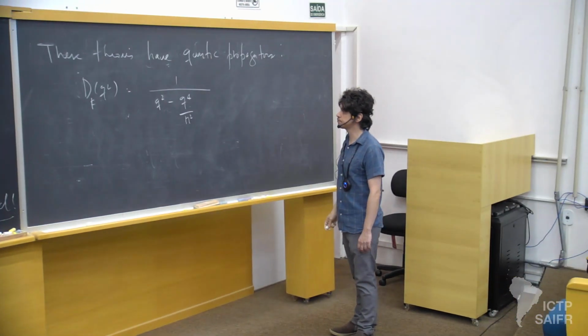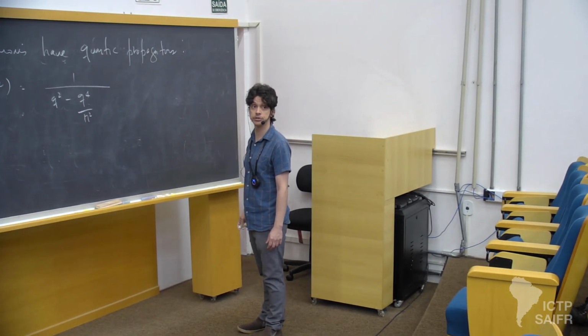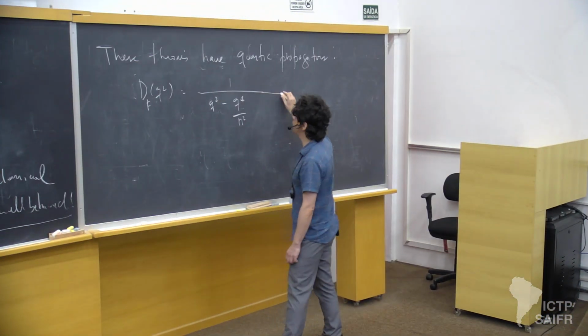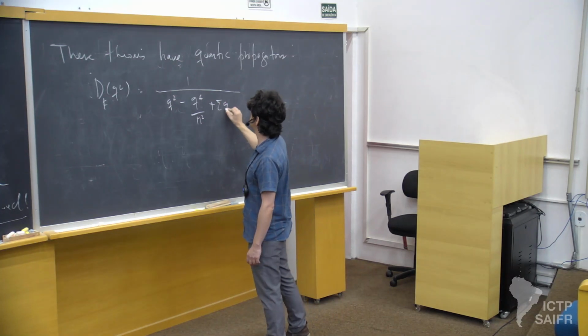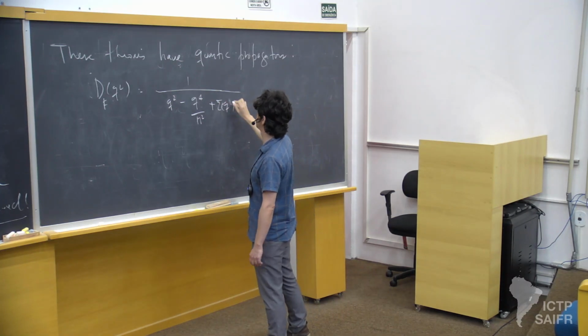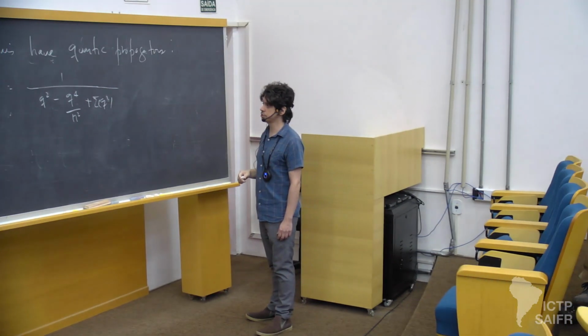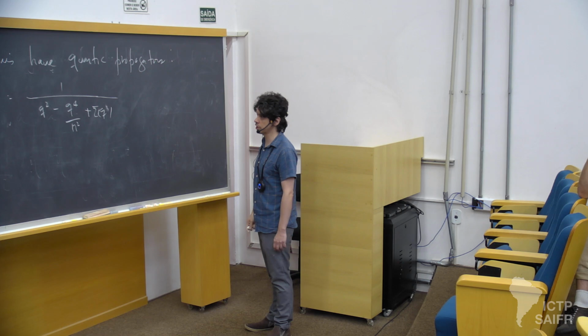Of course, if we are considering interactions, as we are doing, we have to consider a given quantum correction to this propagator. So it comes as a self-energy term after you do a suitable resummation in the geometric series associated with the quantum corrections of the propagator.